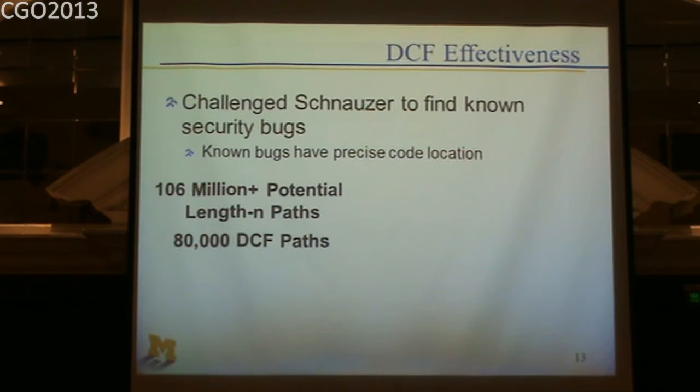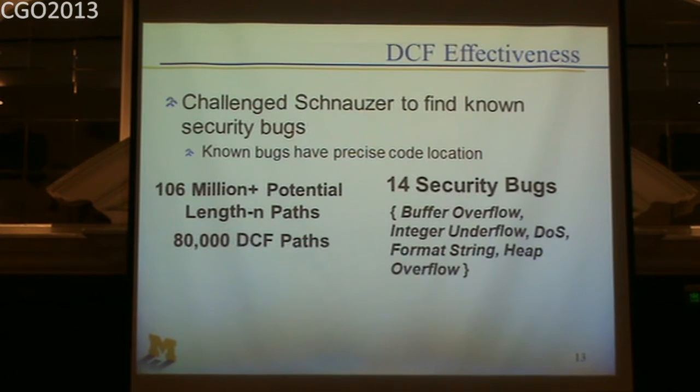Now, what we discovered was that for the entirety of our benchmark applications, we had, by a conservative estimate, well over 100 million potential finite length unique paths. Of that set, there were about 80,000 dynamic control frontier paths for all benchmarks combined.